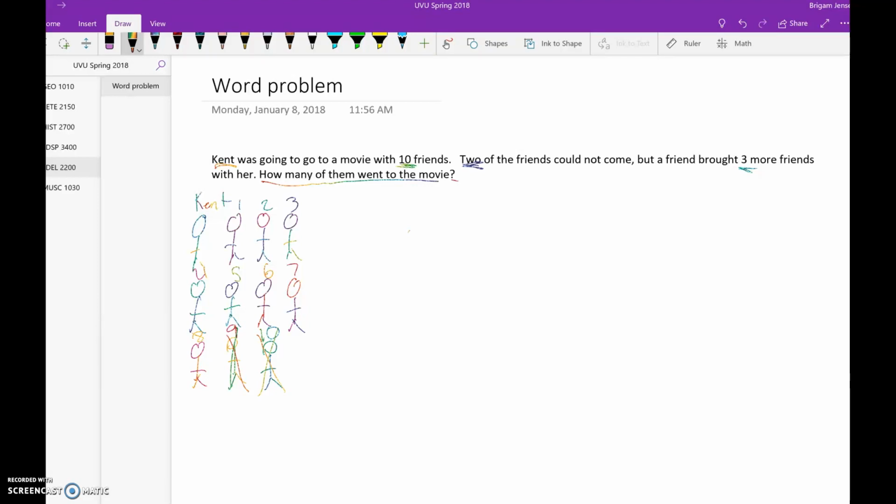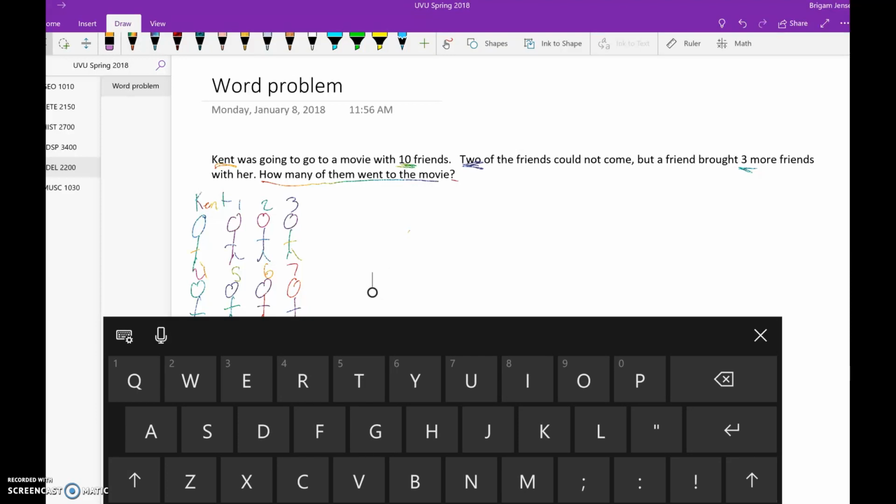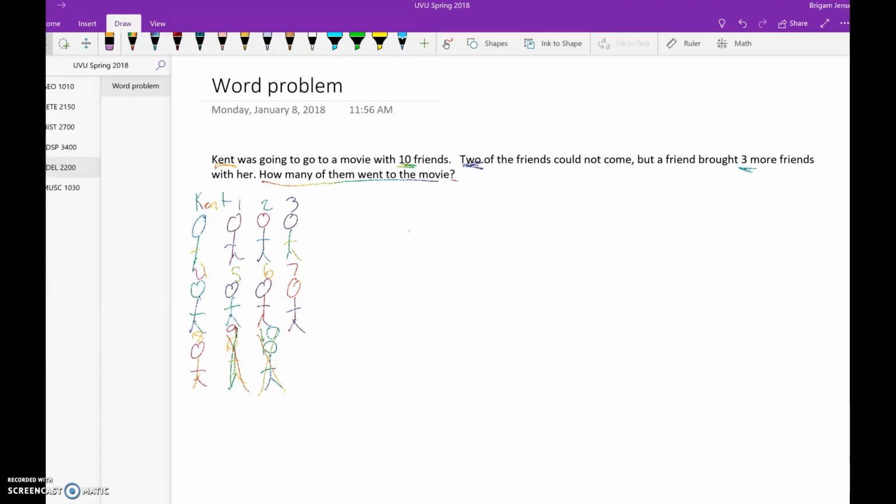But number 8 decided to bring 3 more friends. So we have 1, 2, 3. Again, I'm just going to write the numbers just to be sure. And these are going to be number 8's friends. Okay. So now we used all our numbers doing this.